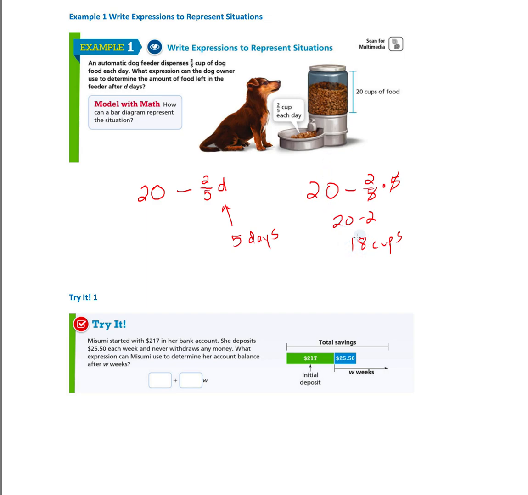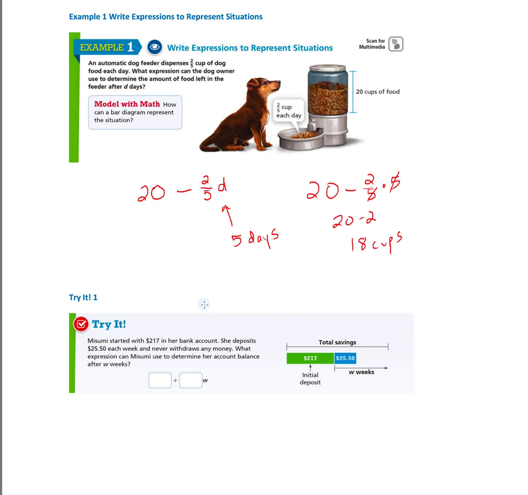So if we think about it, we could pretty logically, I think, get to how many days the food will last. And in a later lesson, in the next topic, we will be able to write an equation. I can say, hey, this food equals 0 when it gets empty, and then we can solve it and find out how many days the food will last that way. But we could actually do it with just that expression there.